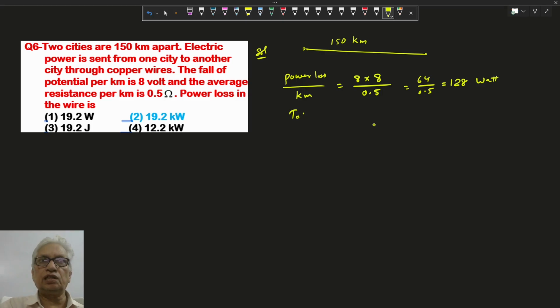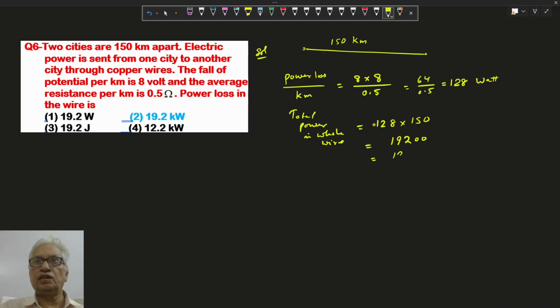Now the total power loss in the whole wire is the power loss per kilometer multiplied by the total length. So here it comes to 19200, or 19.2 watt.